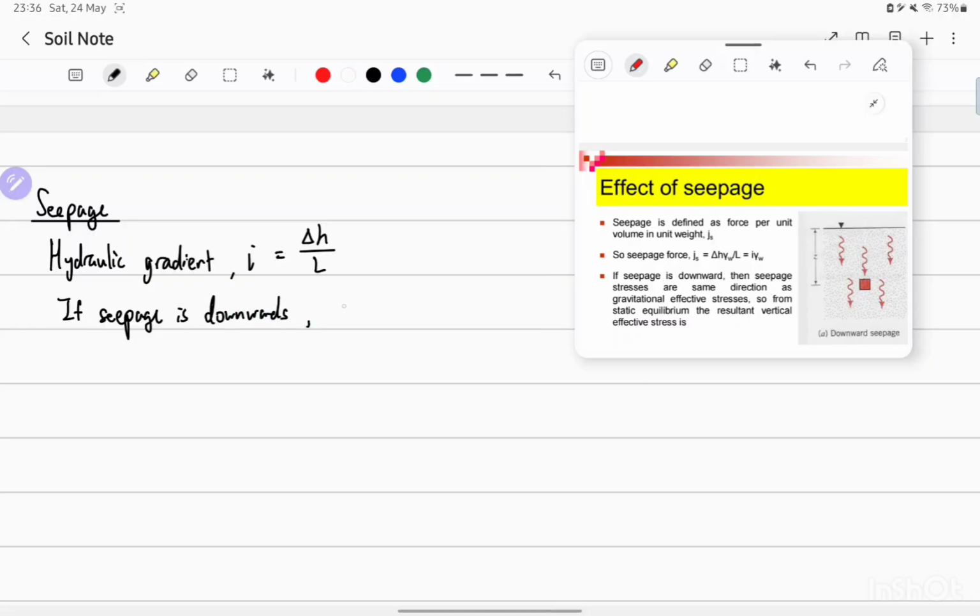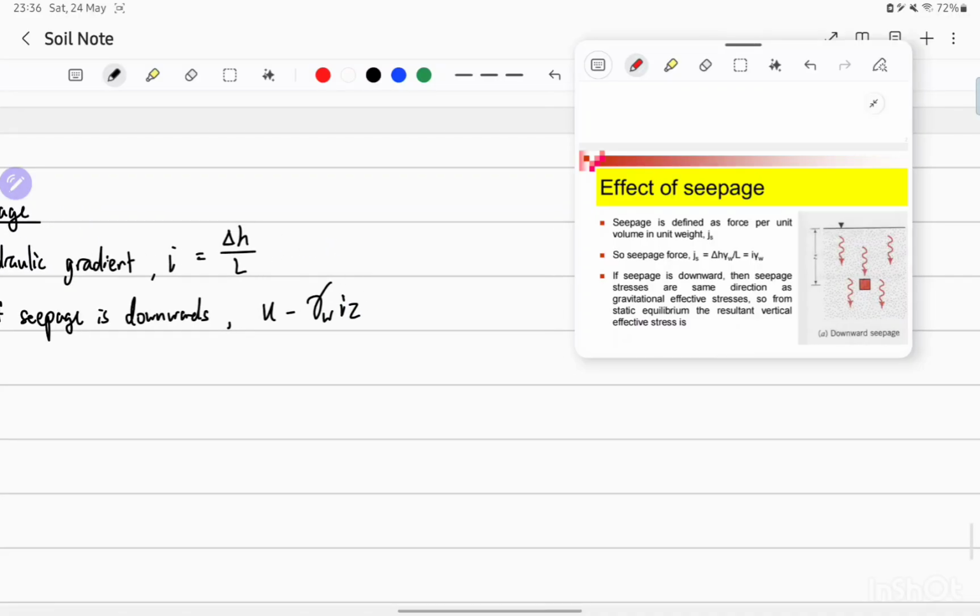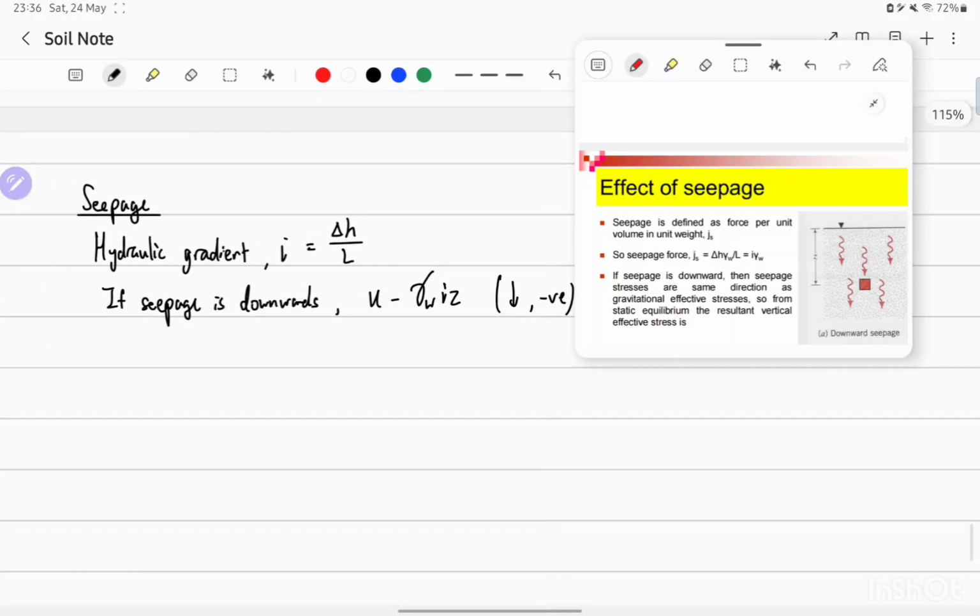Then for your pore pressure, you need to minus unit weight of water times i z. So remember, if it's downwards, then it's negative, just like a force.